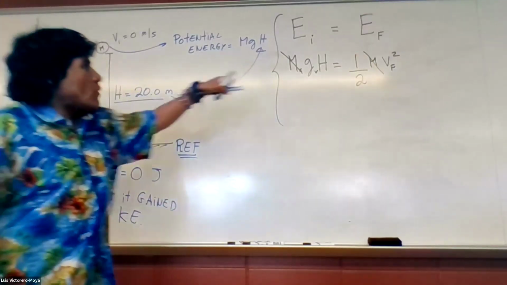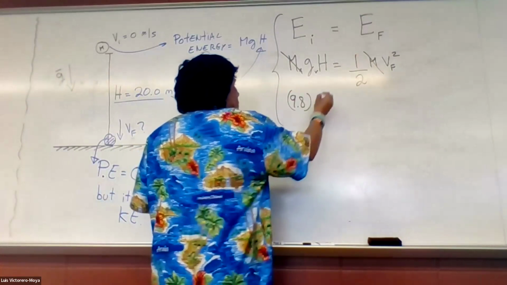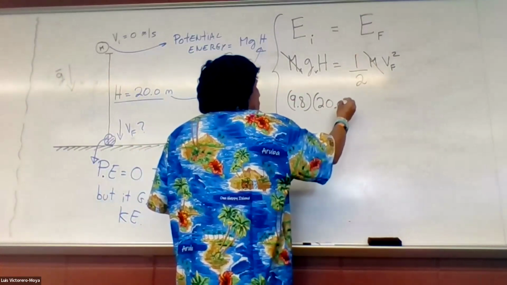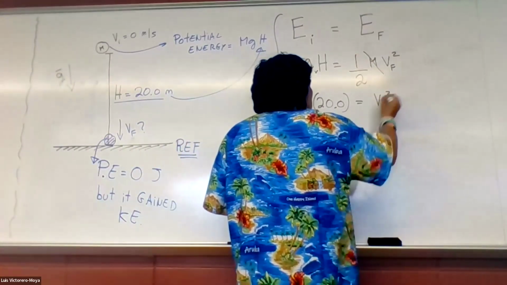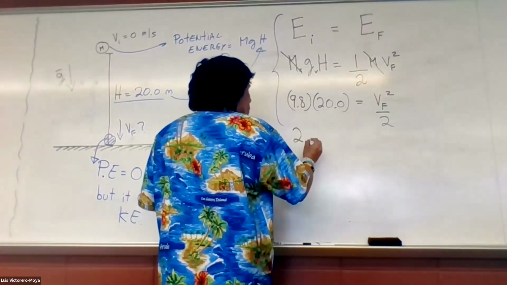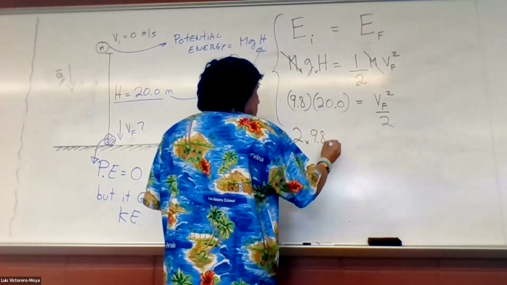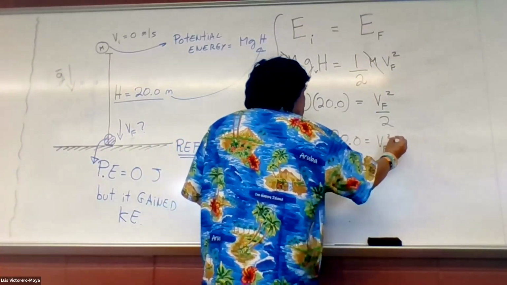The height is 20. Okay. 9.8 times 20 is equal to V final squared divided by 2. This 2 goes here. So 2 times gravity times 20, that's V final squared.